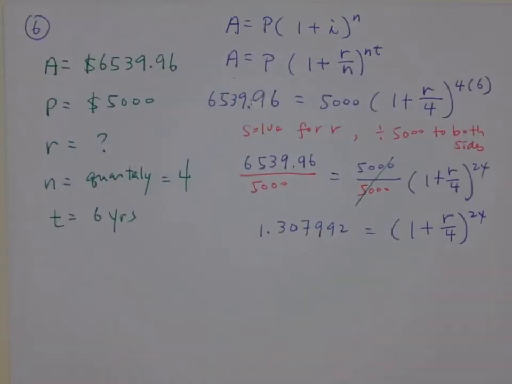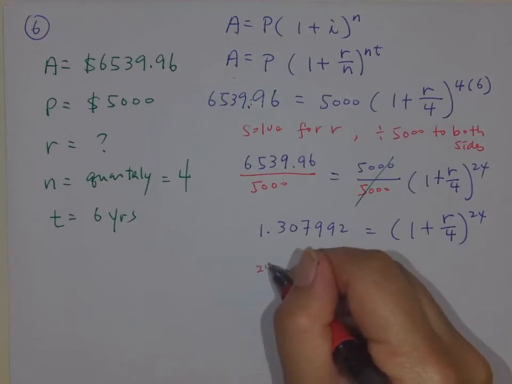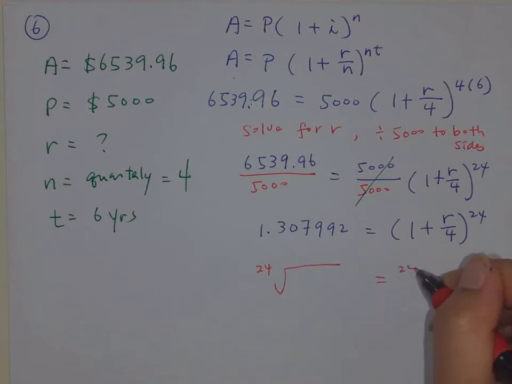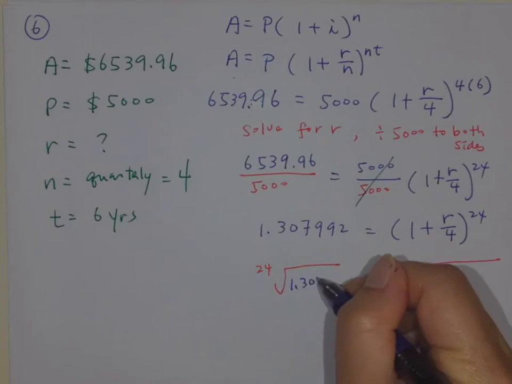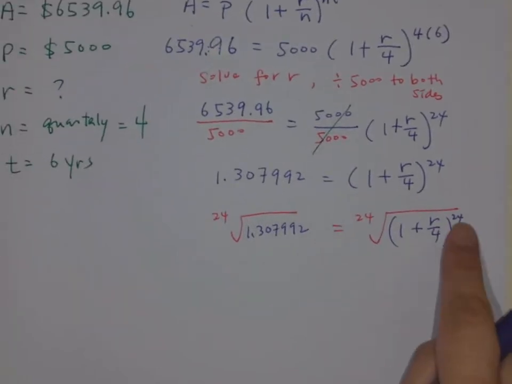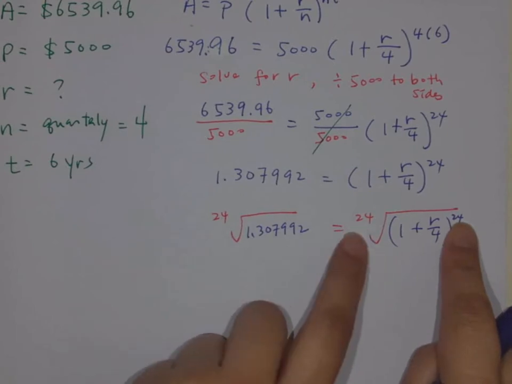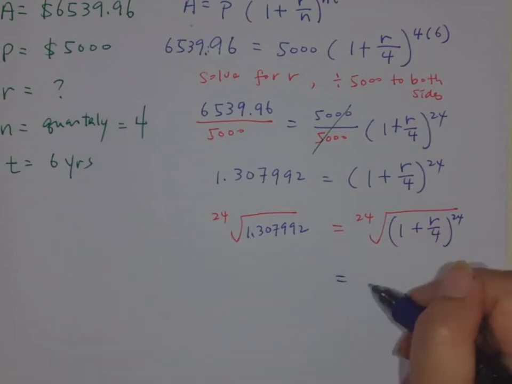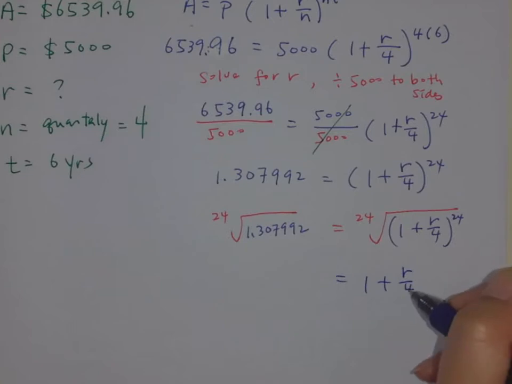So I need to get rid of the 24th power. The opposite of that would be taking the 24th root of both sides. So 1.307992 equals 1 plus r over 4 to the 24, and the exponent and the root will cancel each other. This is just equal to 1 plus r over 4.